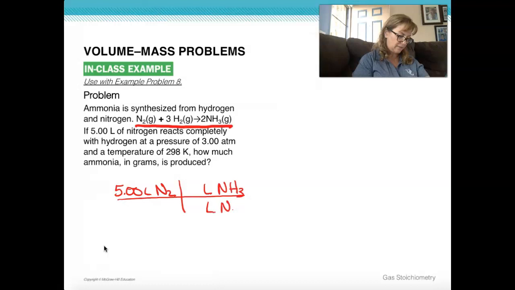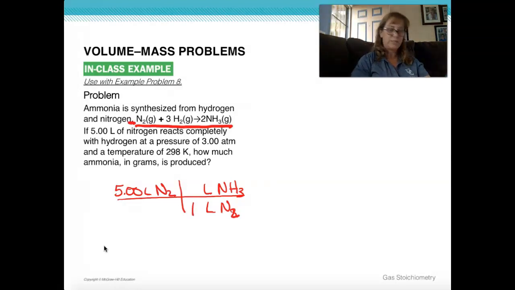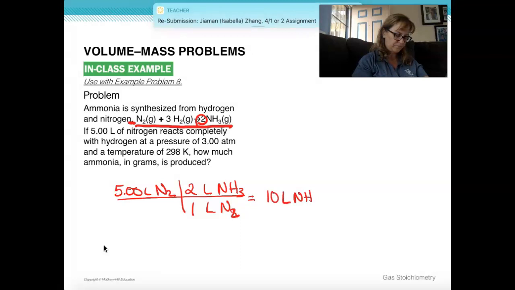Remember, we need to cancel out our units. So what is your coefficient with the nitrogen? It's a 1, so you put a 1 down there. What is your coefficient with the ammonia? It's a 2, so that goes up here. So that means I produce 10 liters of ammonia.